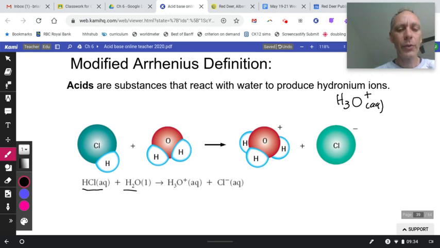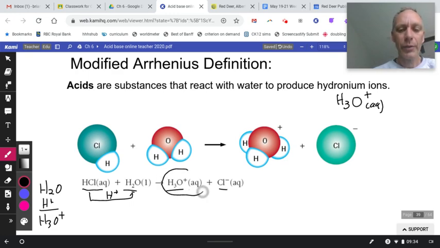And if you want to show the proton transfer, you can put a little arrow like that with an H+. So the H+ is leaving the acid, joining water, and when you add an H+ to an H2O, you get H3O+. So there's our hydronium ion and the anion that's left over.